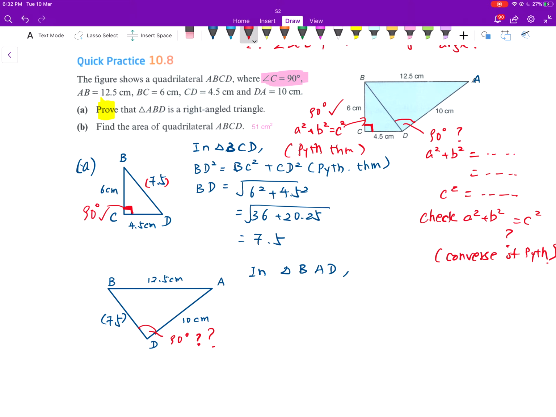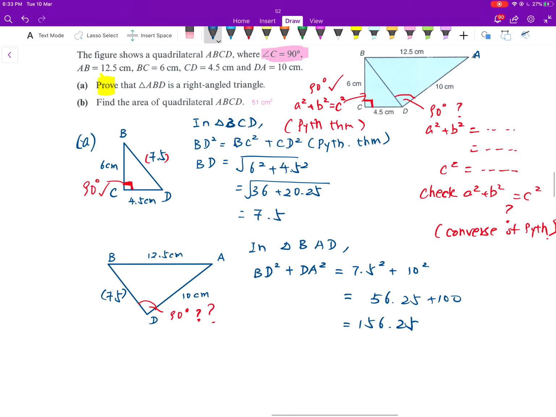So we check and apply the converse of Pythagoras theorem. We check BD squared plus DA squared equals 7.5 squared plus 10 squared. And after calculation, the value is this one.